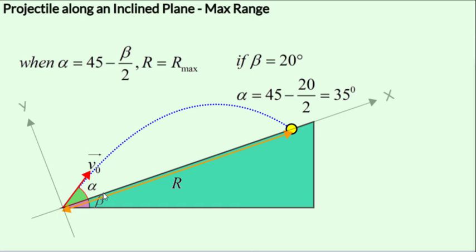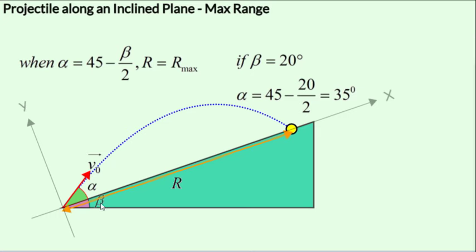But this is true only for this configuration. So in this case, it is true only when beta is 20 degrees. You can see that alpha depends on beta here. If we change the angle of the incline, beta, then alpha would also correspondingly change for the maximum range condition.